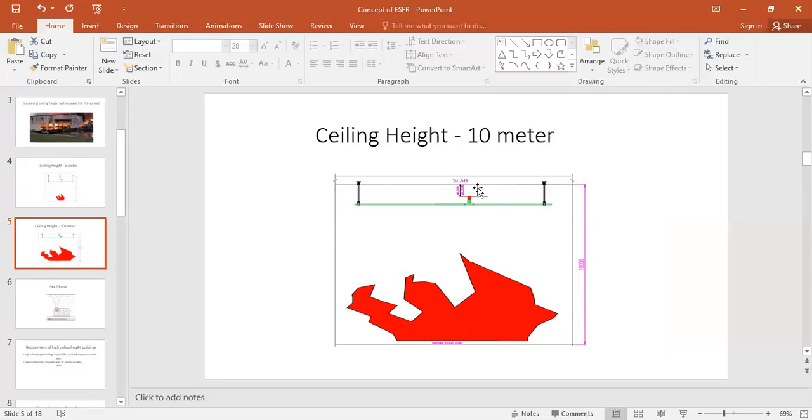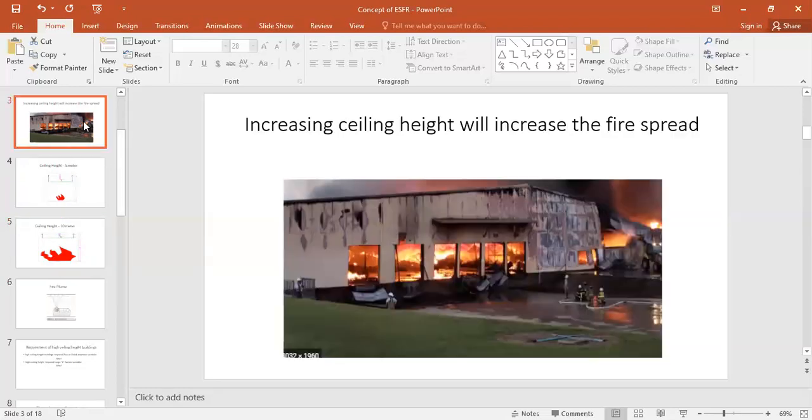Due to this delayed activation, what will happen? Meanwhile, the fire will spread over more area, the flame will get more height, and it will cause more damage. So increasing ceiling height increases fire spreading.